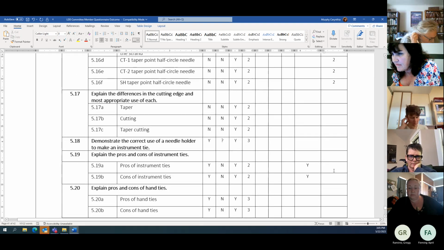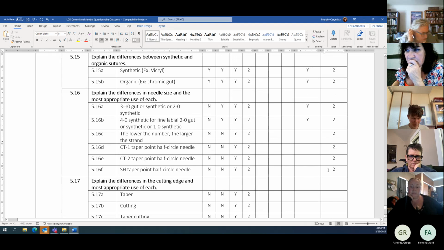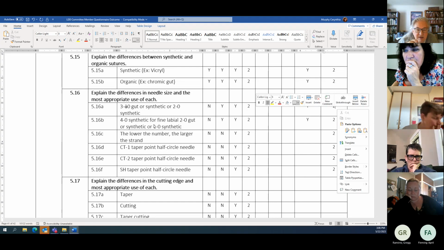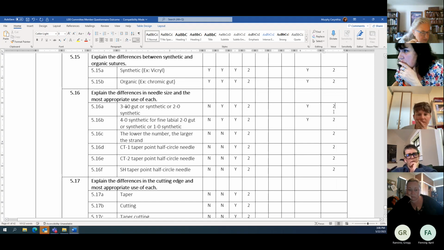Well, hold on, I'm looking here. The 3.0 gut or synthetic is one thing, and then the 2.0 gut or synthetic, or the 4.0 synthetic is another thing. So this is not matching up. We need more lines than we have here. Oh, I see what you're saying.